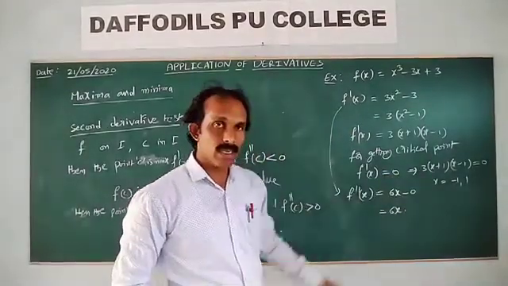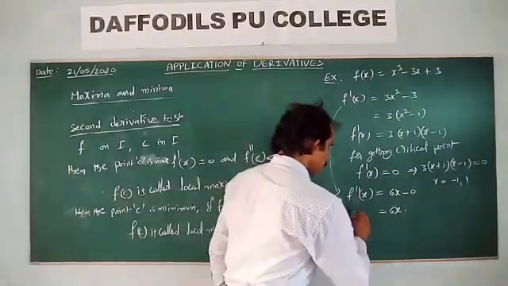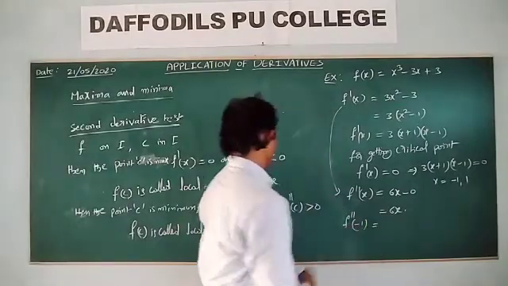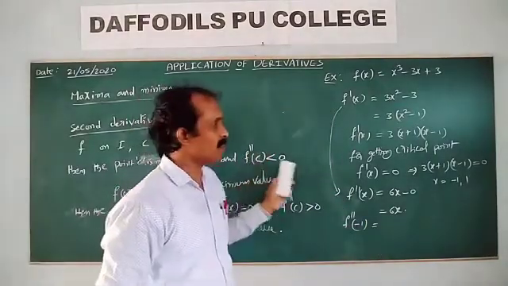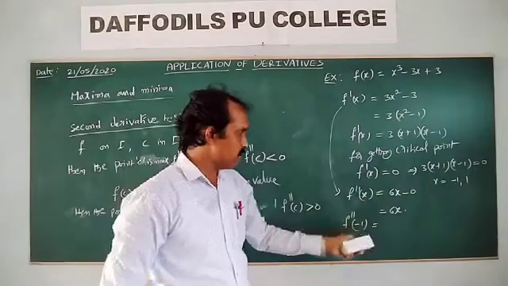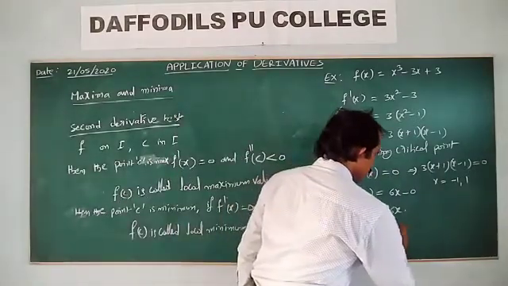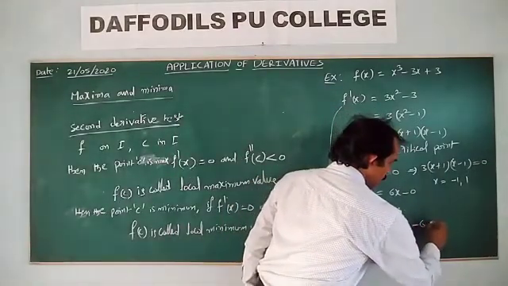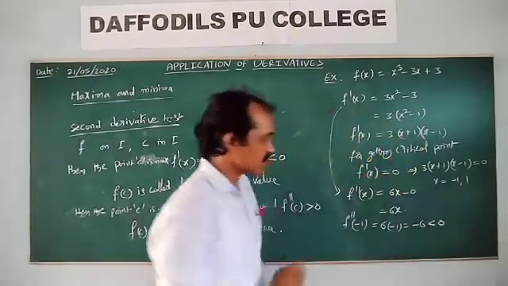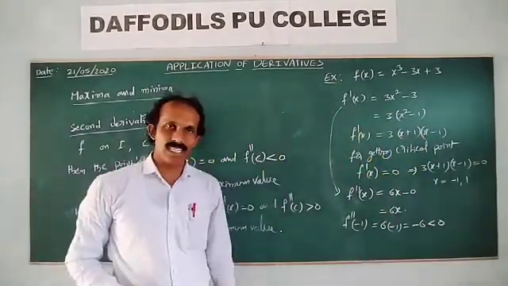First we take f double dash at the critical point -1. What is this answer? 6 into -1, that is -6. -6 is less than 0.